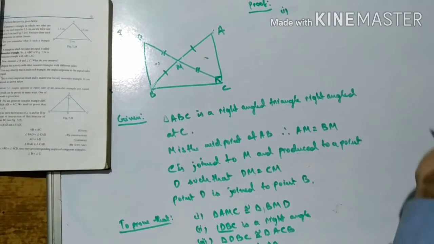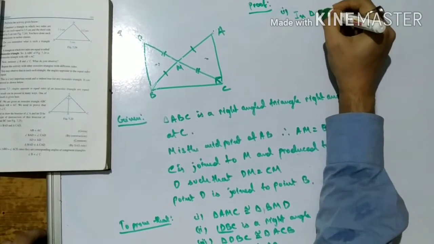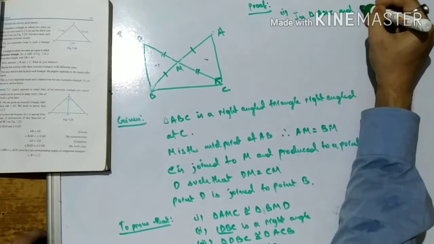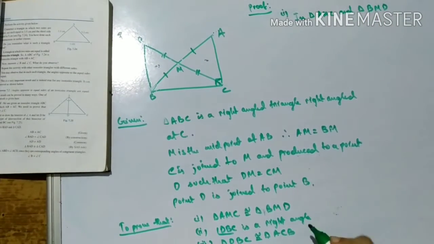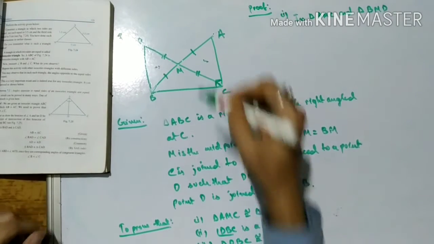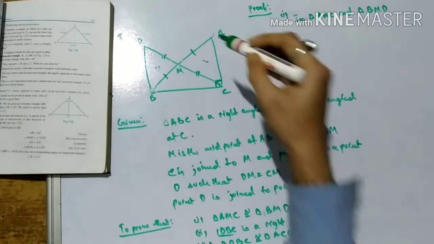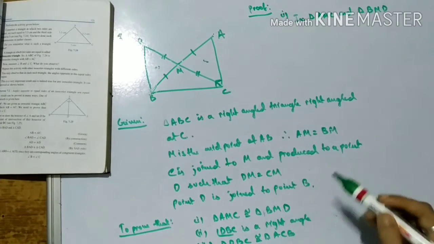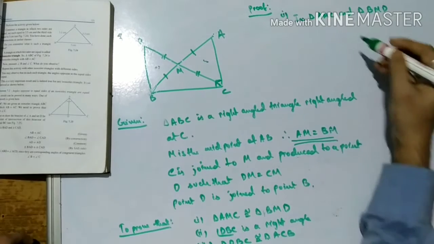So now I will write, in triangle AMC and triangle BMD, in these two triangles, what's going on? You see, I can say that AM is equal to BM, since M is the midpoint of AB, already given.